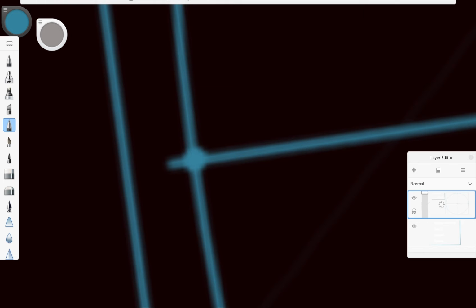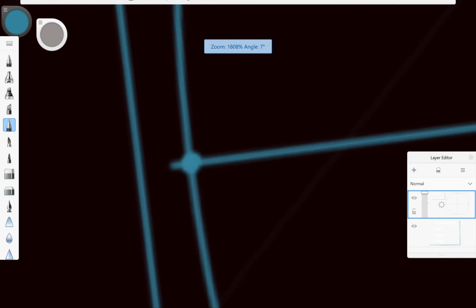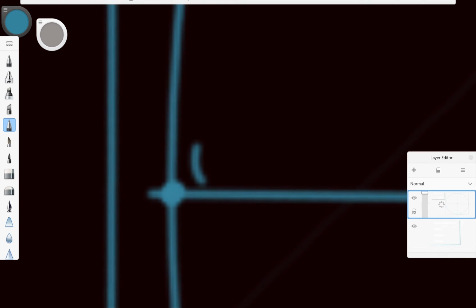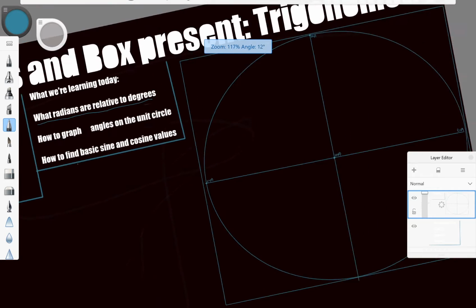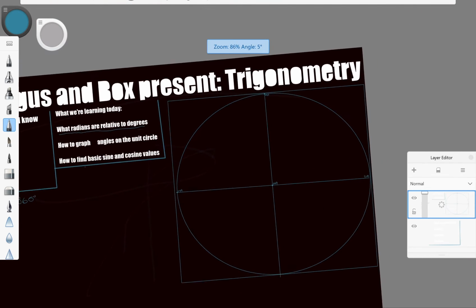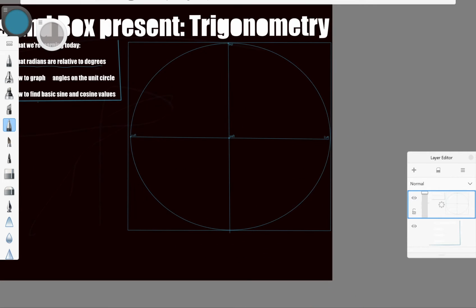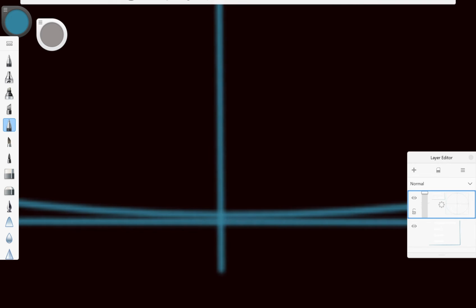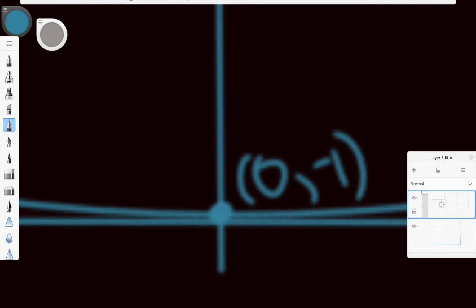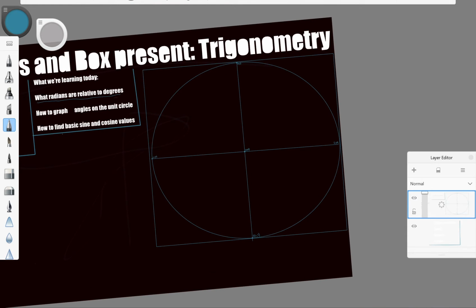This is 1 to the left, so -1, 0. Hopefully you can see that. You should just remember this, because this is going to be kind of crucial. Down here, 0, -1. Anyways, now let's label where they are in degrees and where they are in radians.